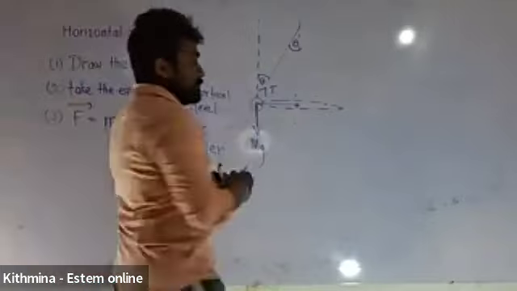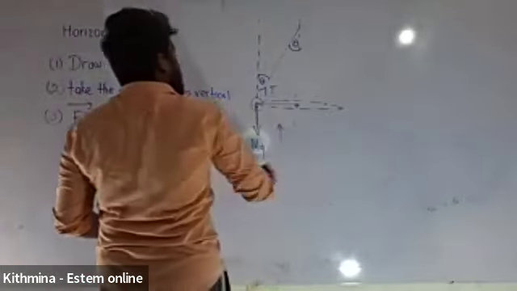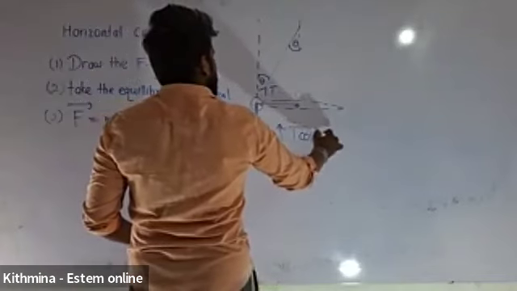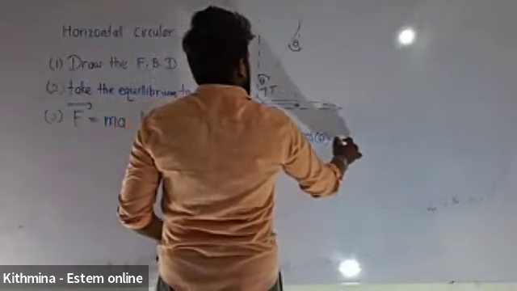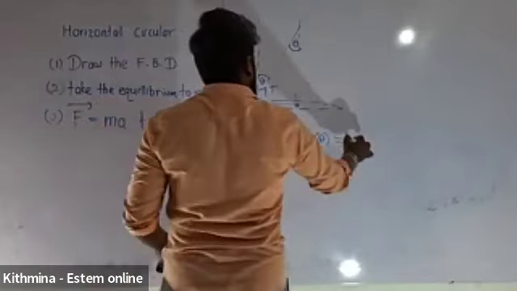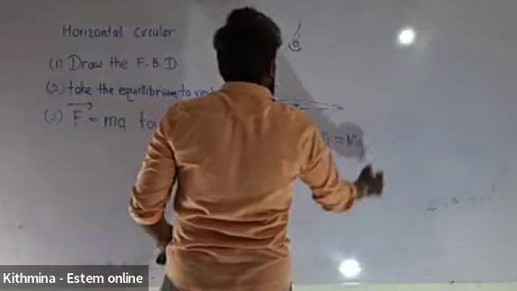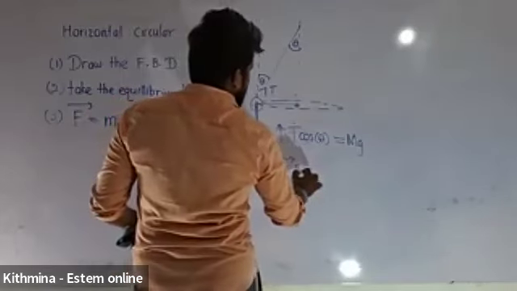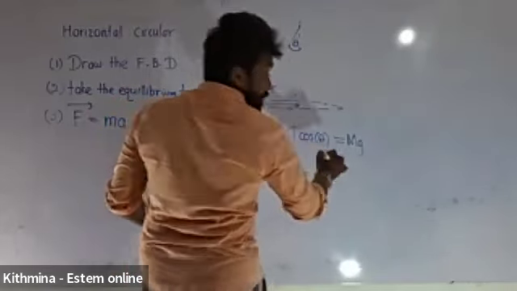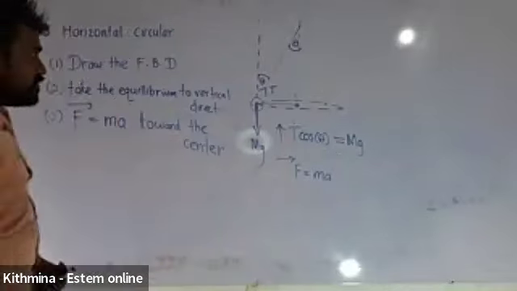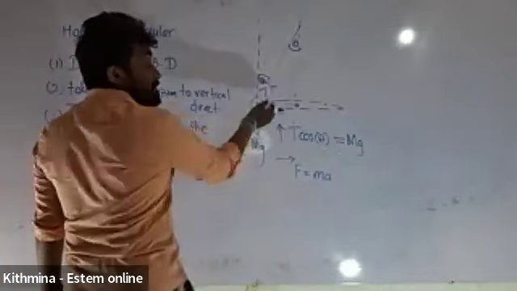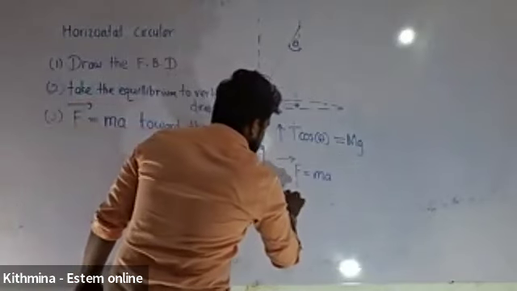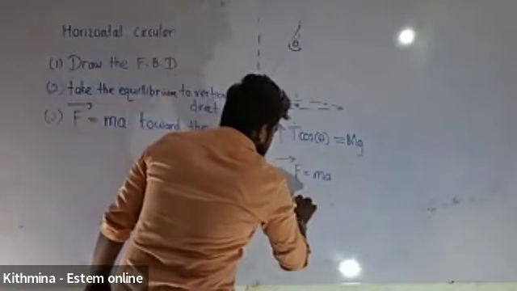If we apply these steps here: draw the FBD, the FBD is completed. Take the equilibrium in the vertical direction: T cos theta equals mg. The third step is applying F equals ma. The centripetal force is T sin theta.